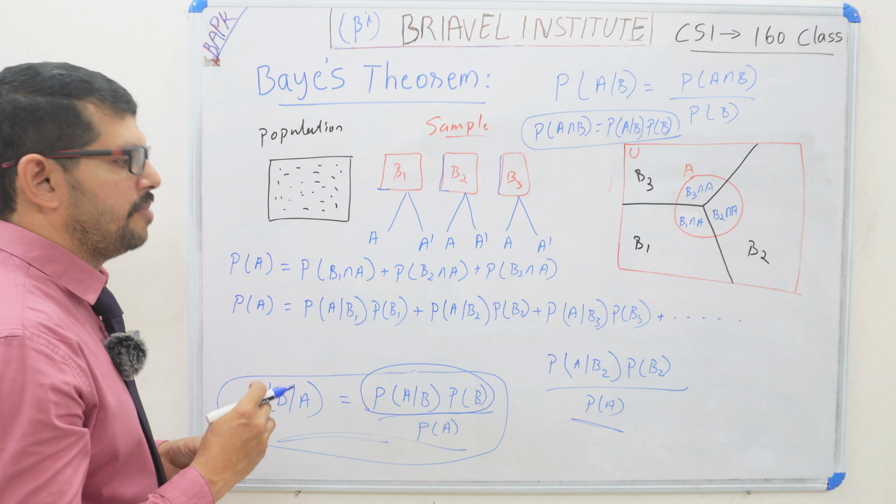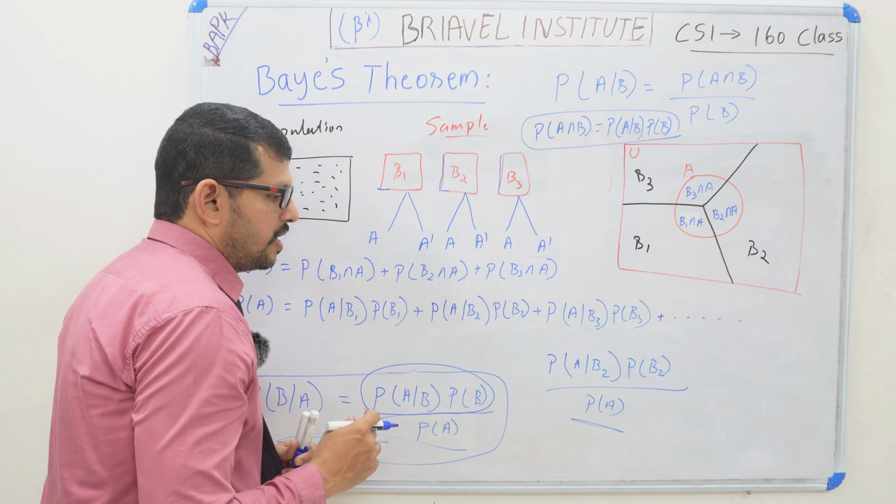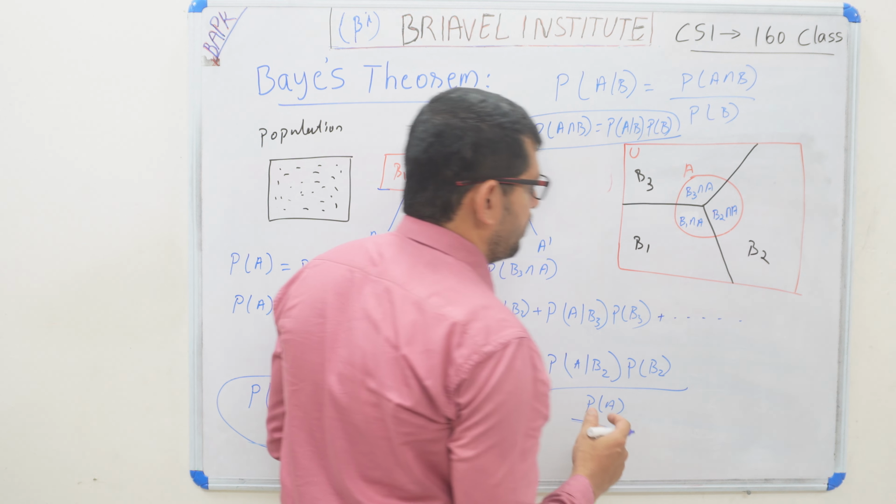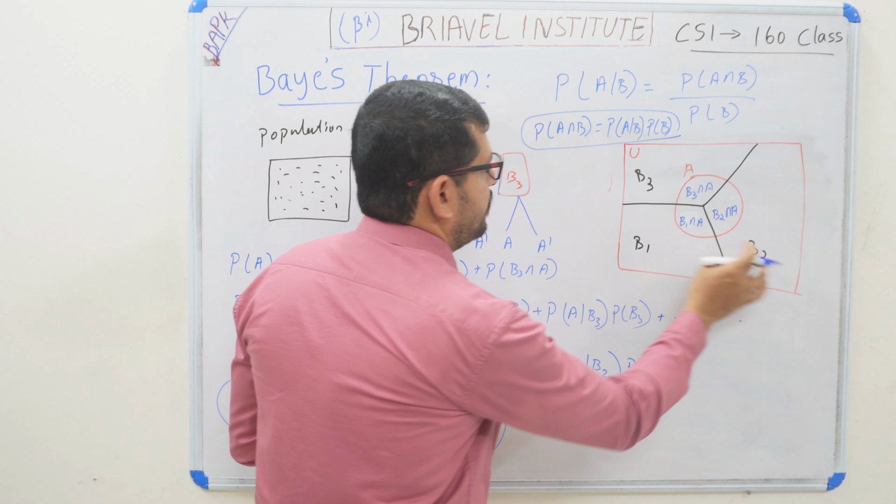In a manufacturing company, three suppliers are there: B1, B2, B3.